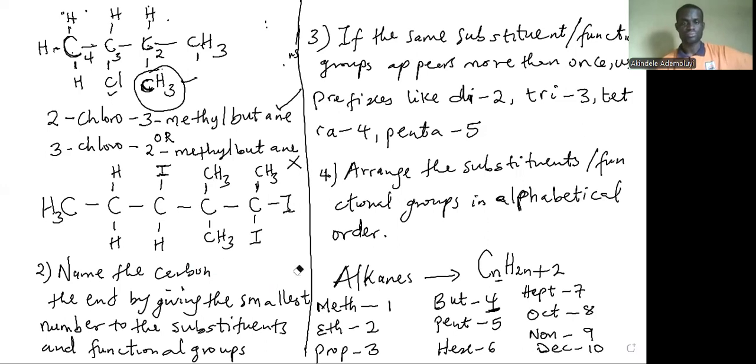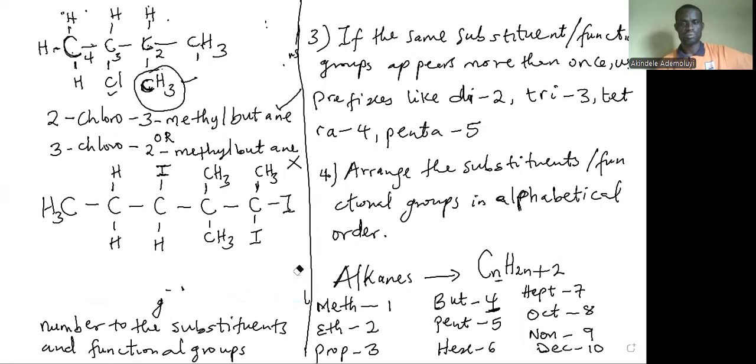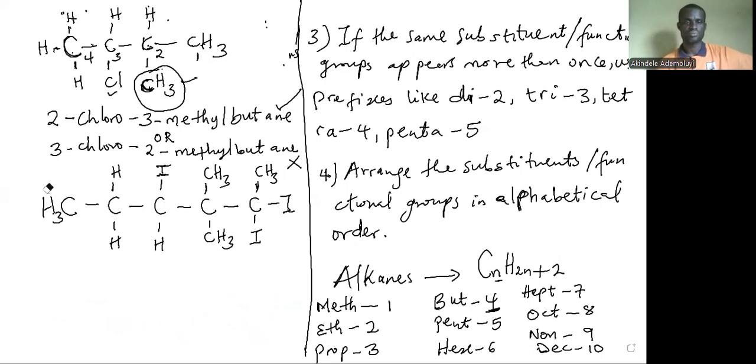Now, if you look at this compound on the board, let's name it together. If you start counting, let's look at what's the longest continuous carbon chain. Let's start from here. 1, 2, 3, 4.